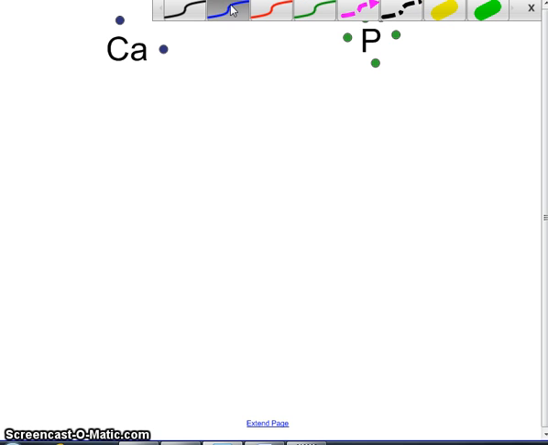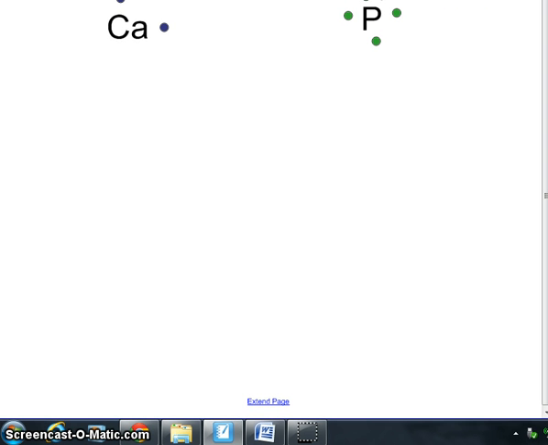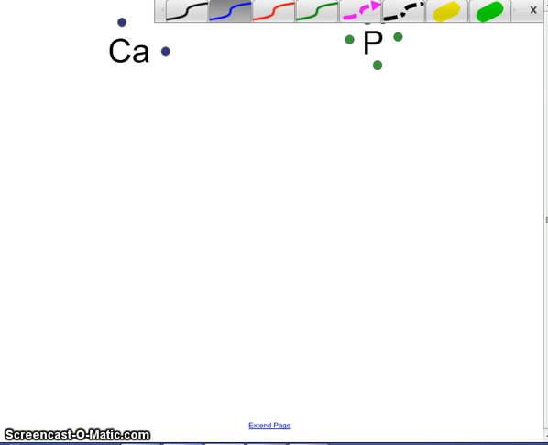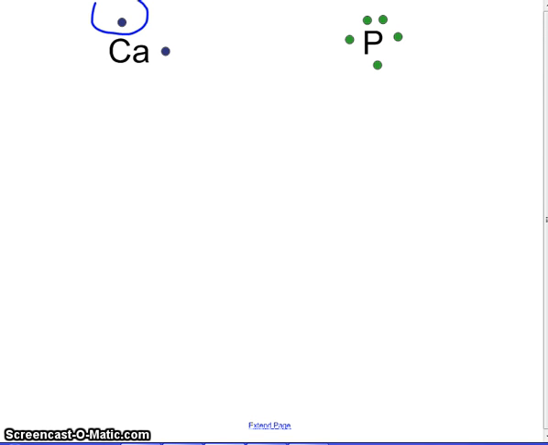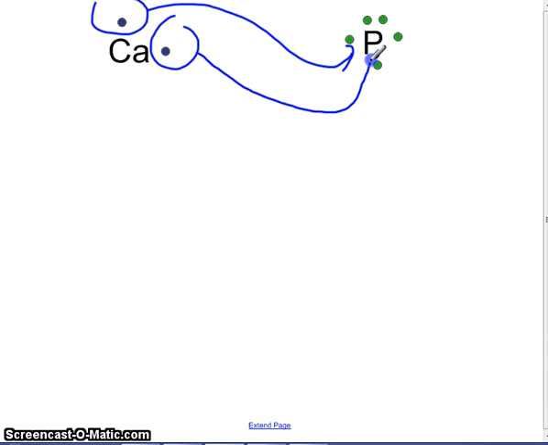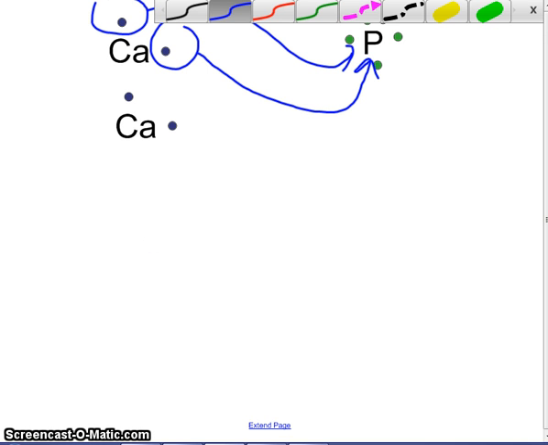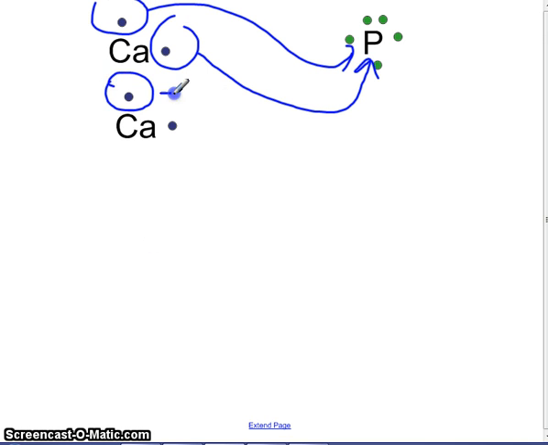For example, calcium has 2 valence electrons, and it will lose both of those valence electrons. Phosphorus wants to gain 3. So we're going to have 1, 2, making that calcium stable. So then, of course, what we need is another calcium. Stable.